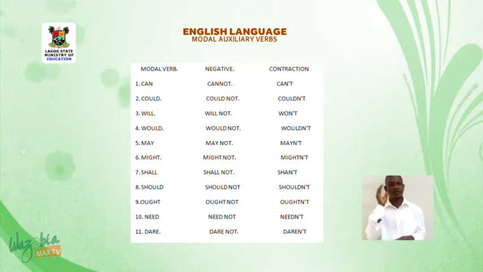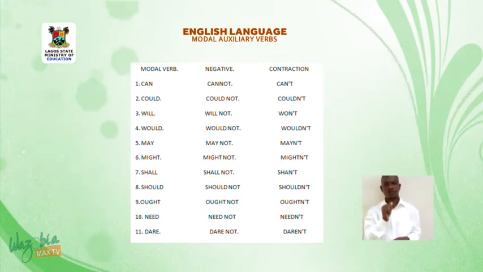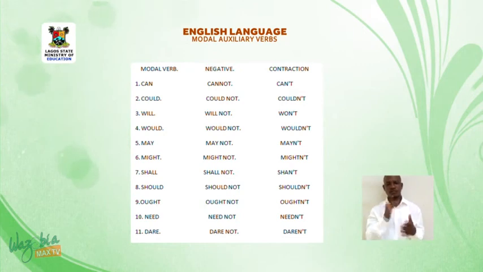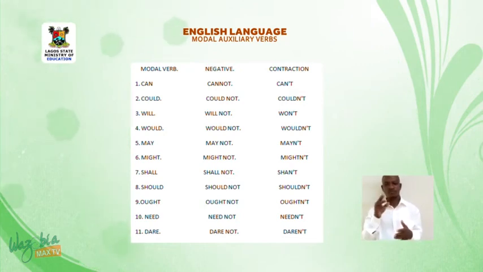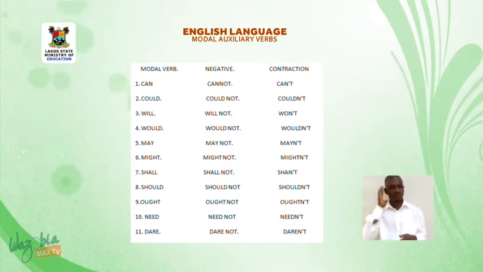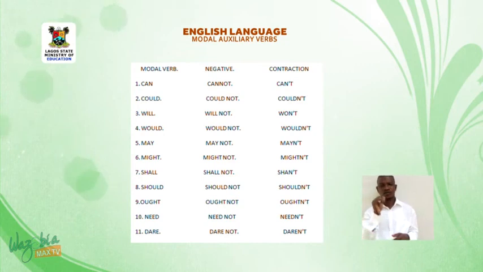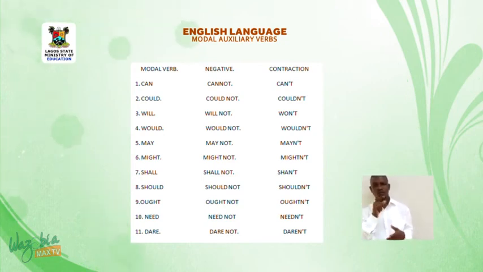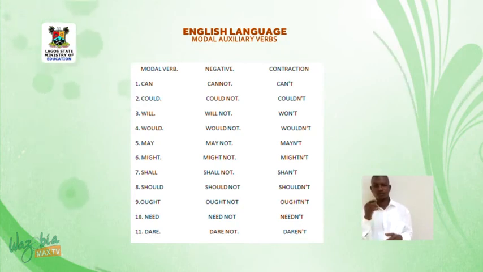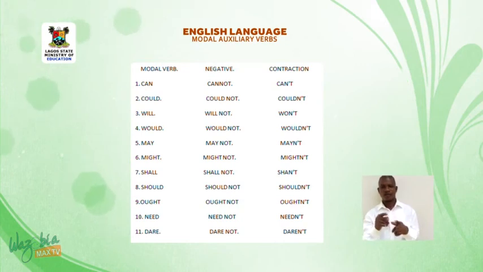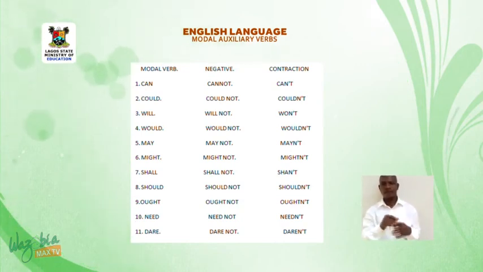Would not, wouldn't. May not, mayn't. Might not, mightn't. Shall not, shan't. Should not, shouldn't. Ought not, oughtn't. Need not, needn't. Dare not, daren't. These are the various modal verbs, their negative forms and their contraction forms.